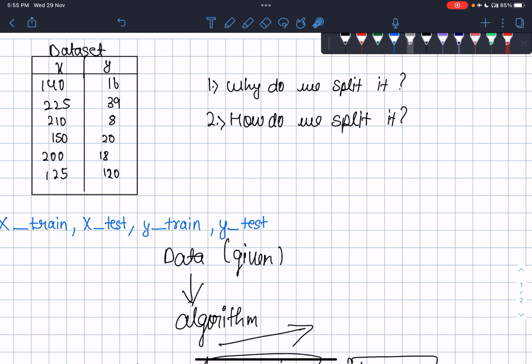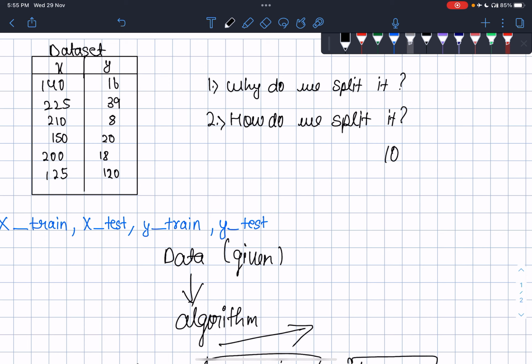Why? Because we have to check how the model is performing on new data. What will you do if your model can't work on the new data which has been given? Maybe it can be around 1 million or 10 million rows. How will you do it? So we split it because we want to know how our model is predicting.